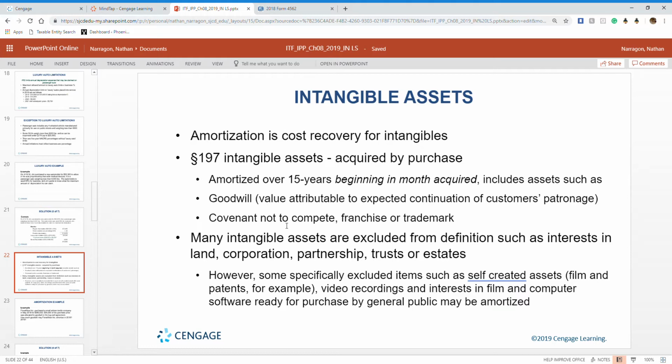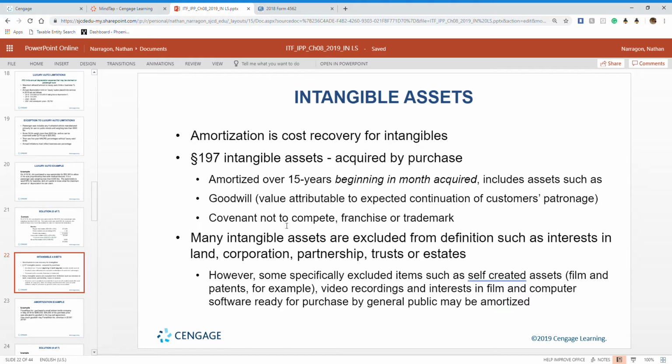Excluded items include interest in land, corporations, partnerships, trusts, or estates. That's an investment thing. That is not an actual attachment, and it's not something that can be amortized.